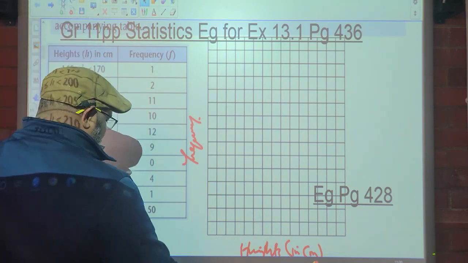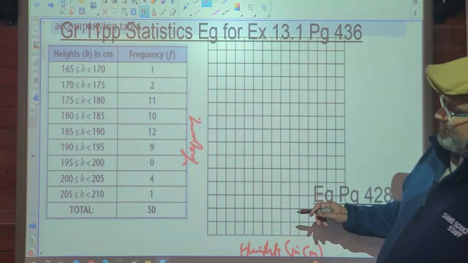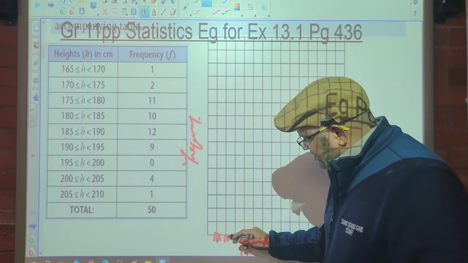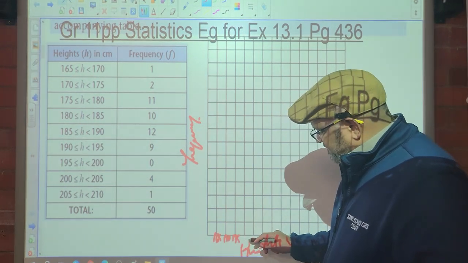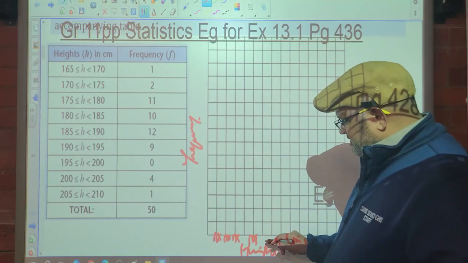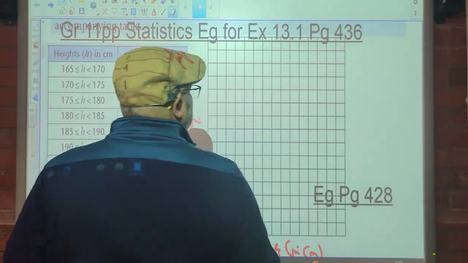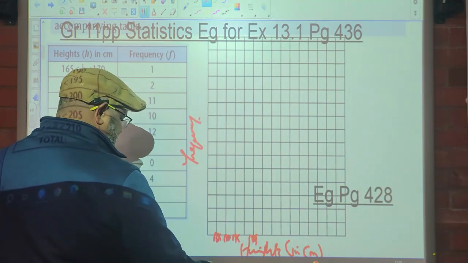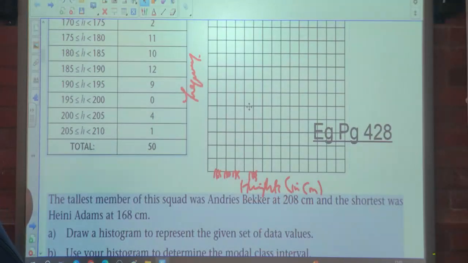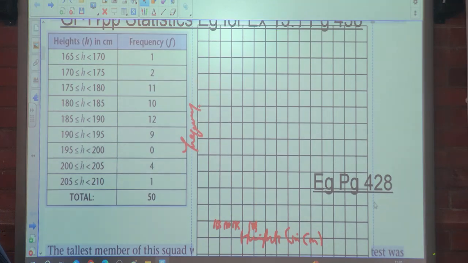So what I'm going to do is rather make it in single units instead of using 2. So if this is 165, this is 170, 175, 180, 185, 190, 195. You see, this is a bit too small. Otherwise, you're not going to see what I want to highlight to you guys.